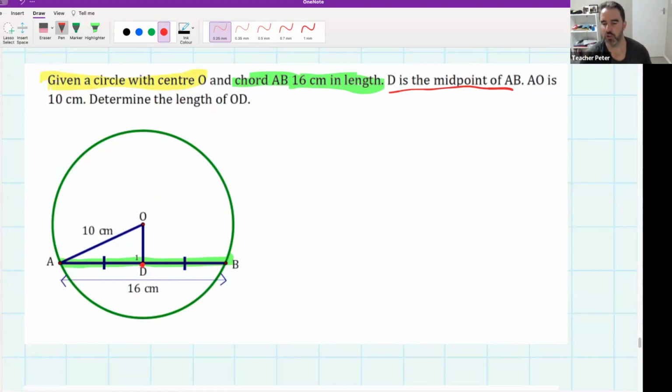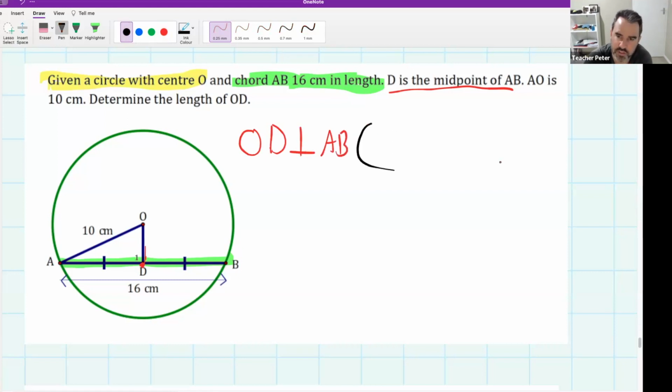So I'm actually just going to do this for you because we're running out of time, and I'm just going to show you how we would use the theorem. Since the line from the center goes to D, the midpoint, we would say that OD is perpendicular to AB.